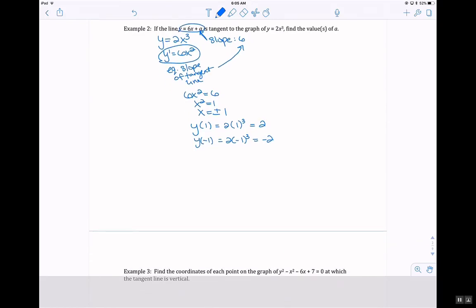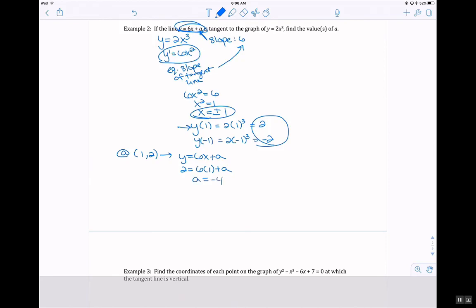So now I need to figure out what a is. I have now x and y coordinates. I have my plus or minus 1, and I have my plus or minus 2. So that means that at (1, 2), because that's the coordinate point that I found here, y equals 6x plus a turns into 2 equals 6 times 1 plus a.